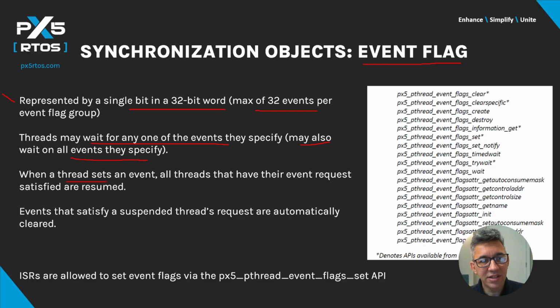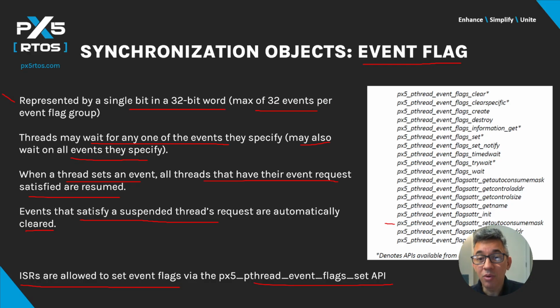Then when a thread sets an event, all threads that have their event requests satisfied are resumed. And finally, events that satisfy a suspended thread's request are automatically cleared, and of course this is a behavior that can be changed.